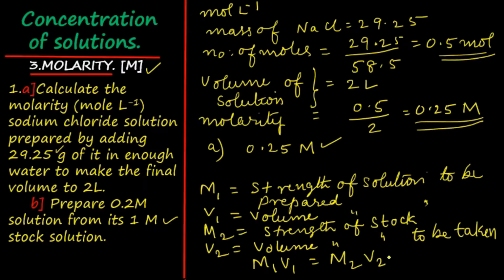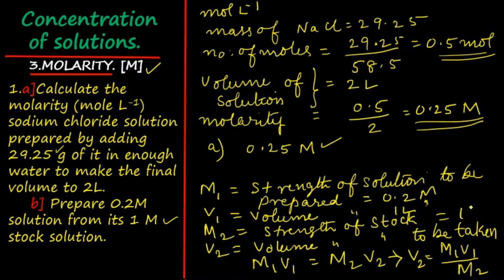So from this, V2 is equal to M1 V1 divided by M2. Substituting the values, M1 is 0.2 molar, volume is 1 liter, strength of stock solution is 1 molar, and V2 we do not know, so that is to be found out.